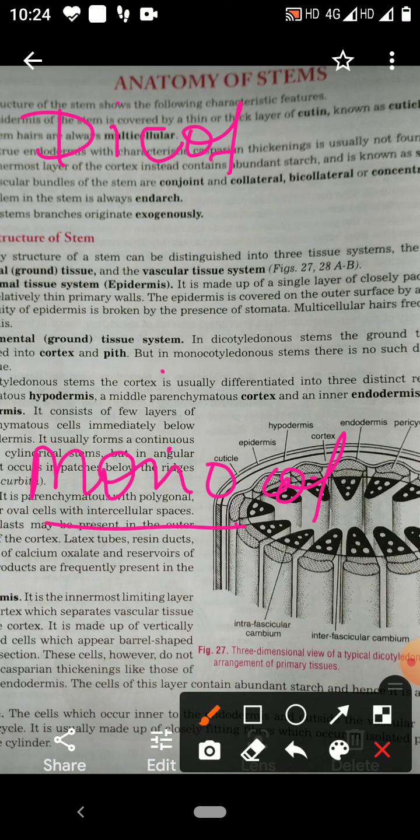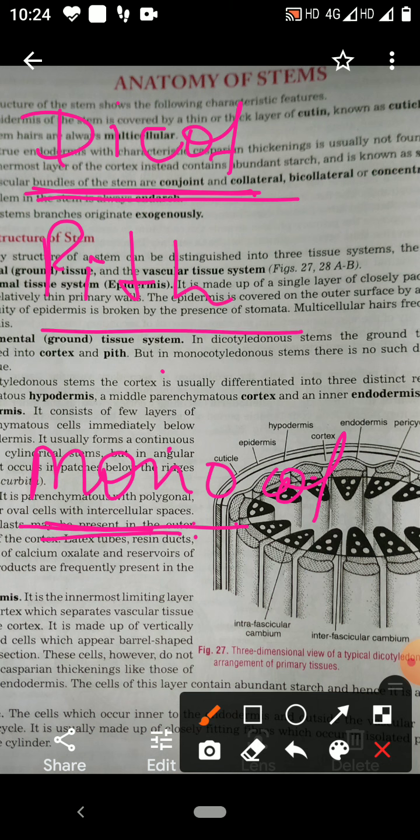But in the monocot, phloem consists of sieve tubes and companion cells. Phloem parenchyma is absent. In the dicot, medullary rays are present, made up of parenchyma, but in the monocot, medullary rays are absent. In the dicot, pith is present in the center, but in the monocot, pith is absent.